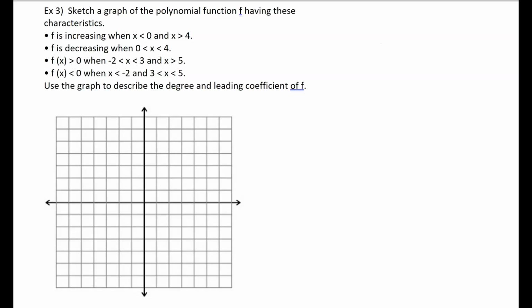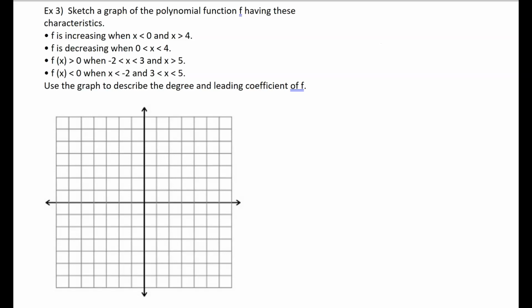All right, so first thing I'm going to do is go in order. The first bullet point is f is increasing when x is less than 0 and x is greater than 4. What does it mean to be increasing? Getting larger, so it is going upward.